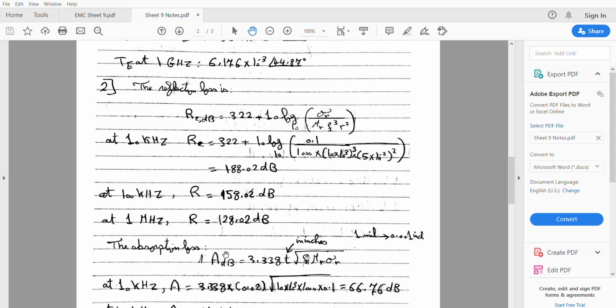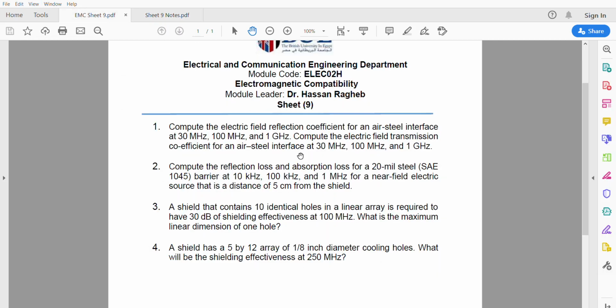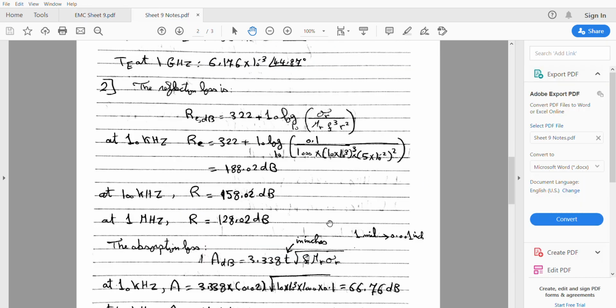So absorption loss is equal to 3.338 t, where t represents the thickness, multiplying by the square root of f mu r sigma r. t is in inches, so we need to convert, since in the problem the thickness is given in mils, so we need to convert mils to inches in order to substitute in this formula.